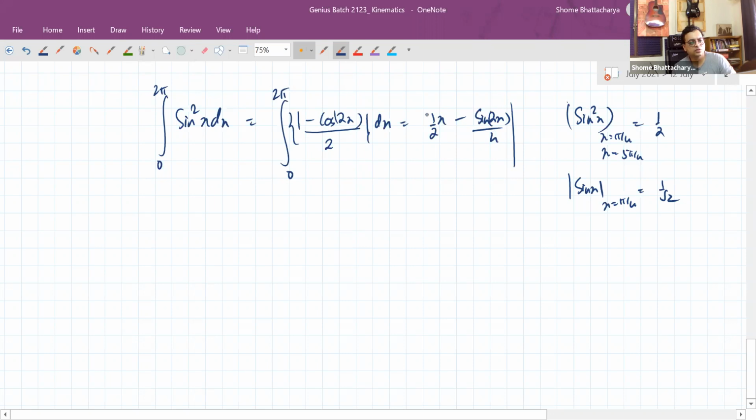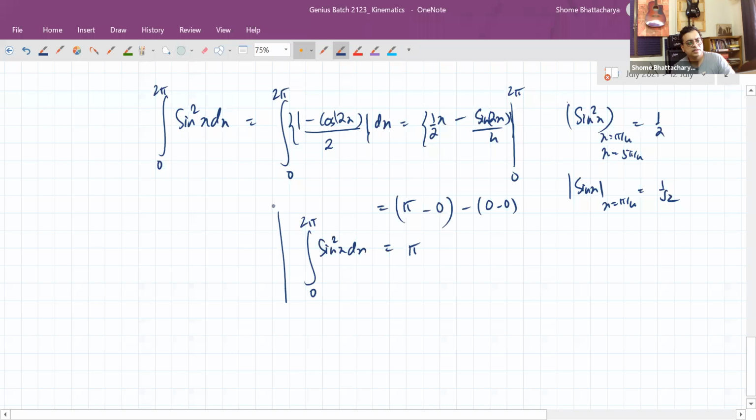Now you put the limits on this from 0 to 2 pi. You'll get the upper limit as pi minus 0, and the lower limit as 0 minus 0. So you'll get the area as pi. So this integral of sine square x dx from 0 to 2 pi is pi.